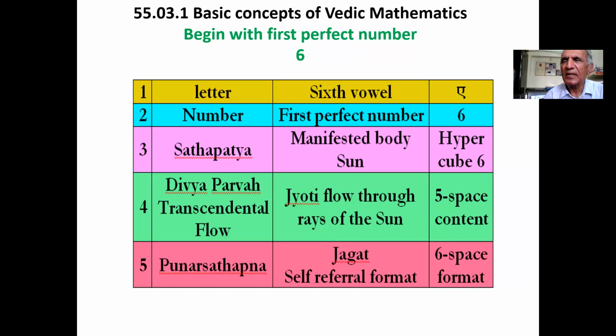Subsequently, we will come to the glimpse that Purusha as well is the manifested but re-manifested body of 6 space content.